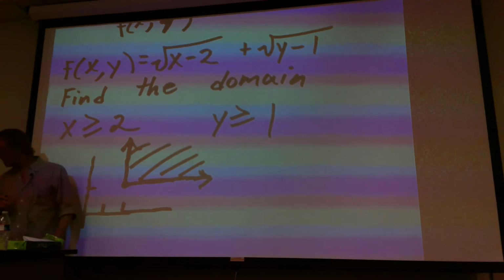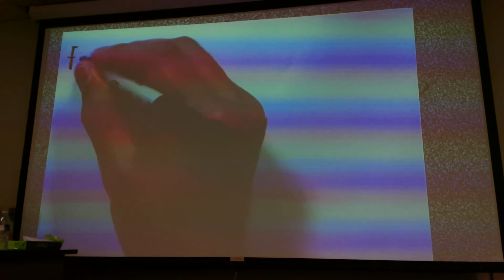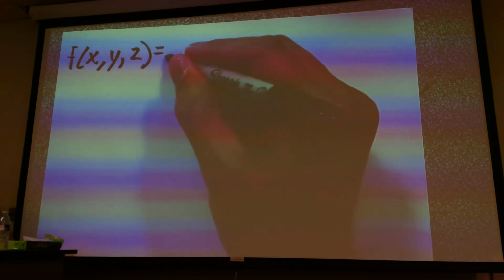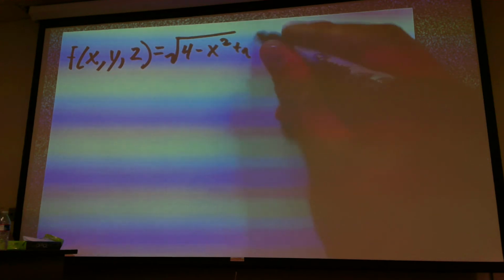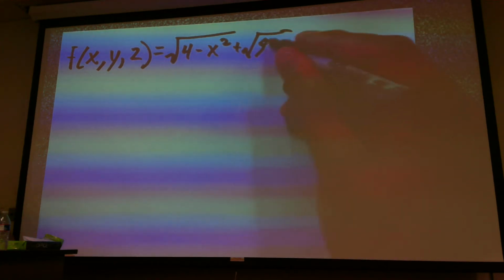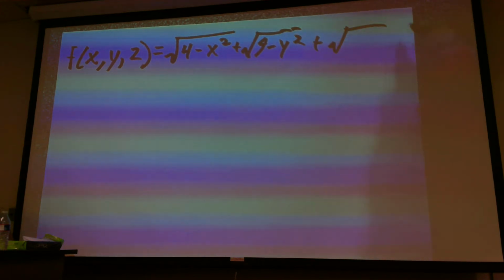Okay? All right. Let's say we tried to do this as a function of three variables. Let's say we have f of x, y, z equal to the square root of 4 minus x squared plus the square root of 9 minus y squared and the square root of 1 minus z squared.